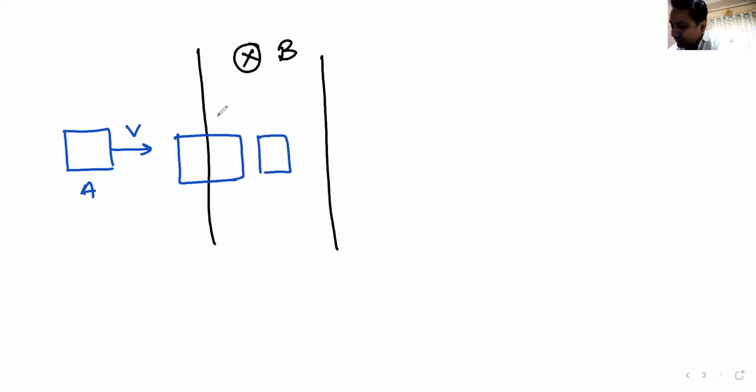This is position C, inside the field. This is position D. Remember, it is always moving with the same velocity V. And this is position E when it has come out of the field.